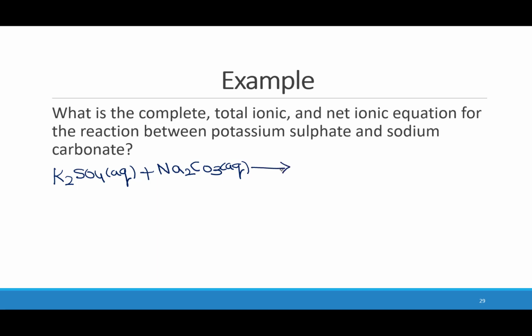Now let's write down the products. Remember, the cation from one of the reactants reacts with the anion of the second reactant and vice versa. Then we will produce potassium carbonate.